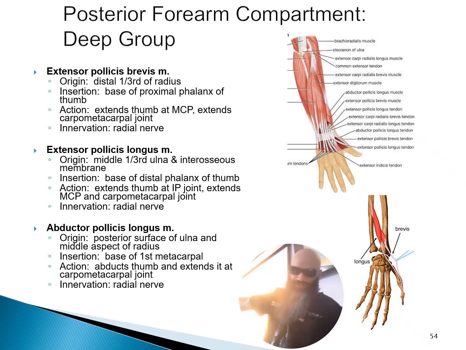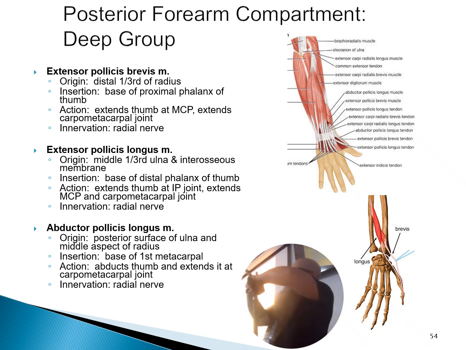Abductor pollicis longus is going to abduct the thumb at the more proximal joint down here, the basilar joint called the carpometacarpal joint, the CMC joint. So watch my thumb. This is the abductor pollicis longus at the CMC joint right here.